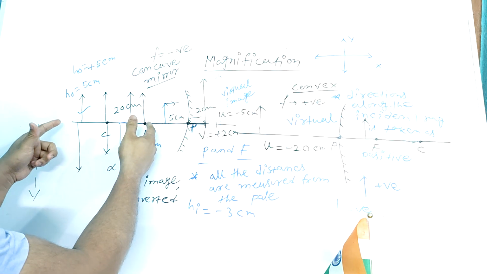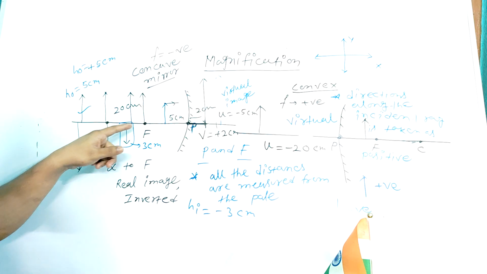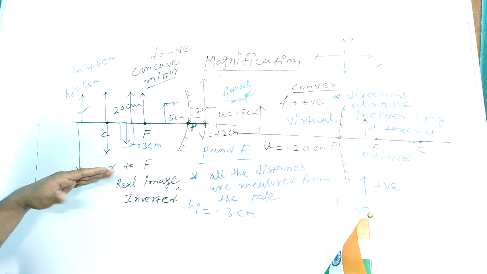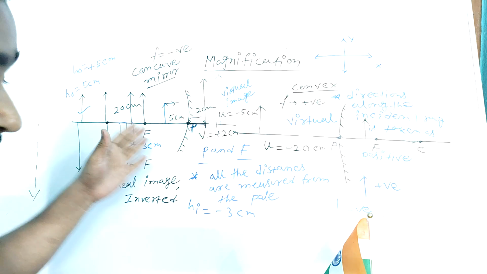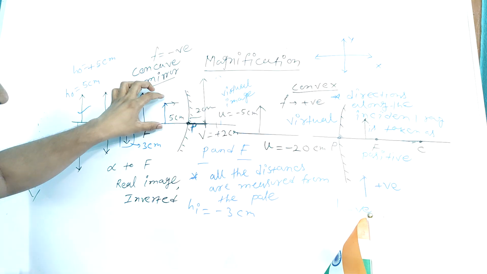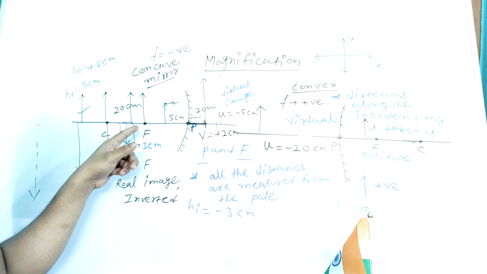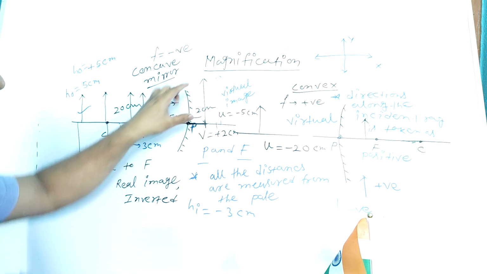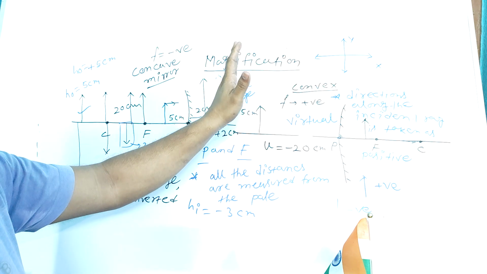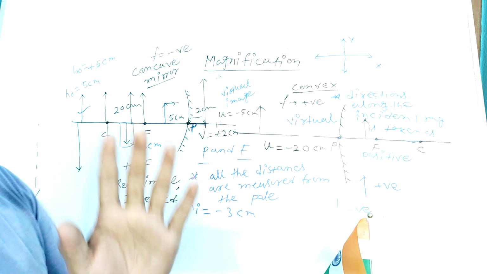From infinity to focus, we are getting a real image, so object distance is negative and image distance is also negative. But when we place the object very near the pole, between pole and focus, we get a virtual image. It forms behind the mirror, and then the image distance is positive.